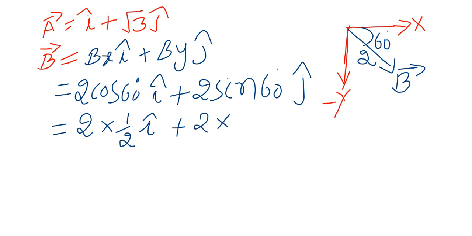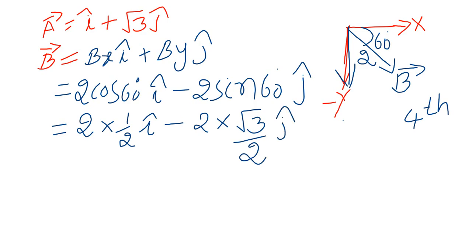Fourth quadrant లో మనకి వర్టికల్ కాంపోనెంట్ ఏమైంది, మైనస్ వై యాక్సిస్. కాబట్టి మనం ఏం రాయాలి, వై కాంపోనెంట్ని minus 2 sin 60. Minus 2, the value of sin 60 is root 3 by 2 j cap.